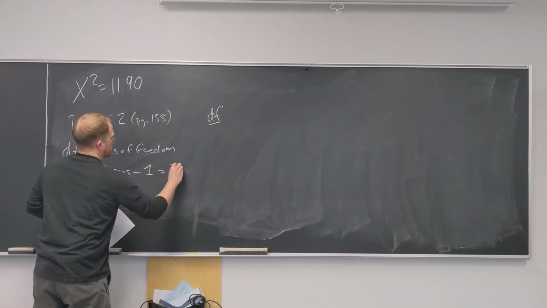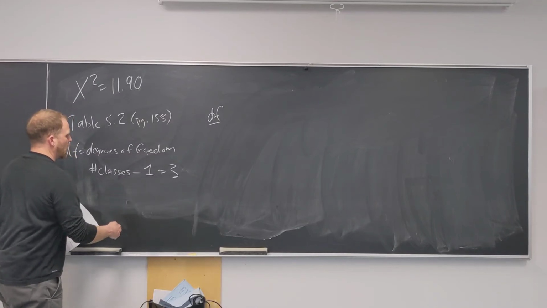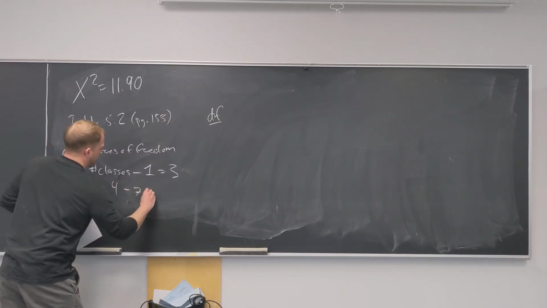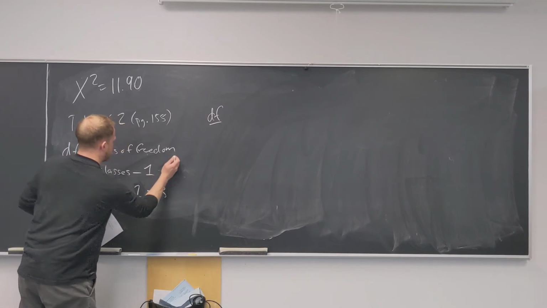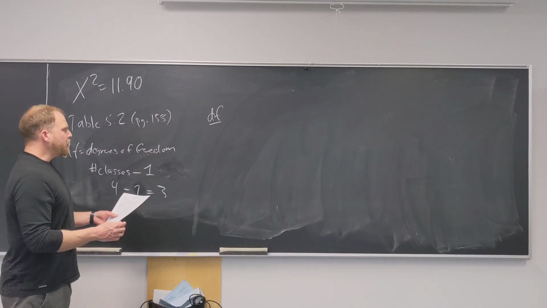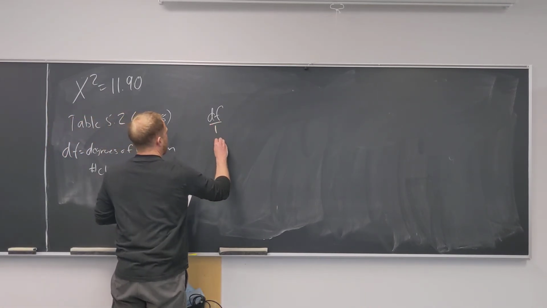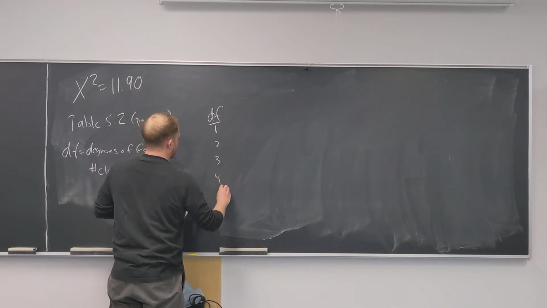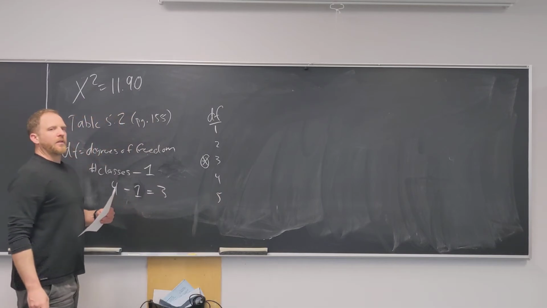In our case, we've got 4 different phenotype classes, so we're going to take 4 minus 1, which equals 3. The left-hand column goes from 1, 2, 3, 4, 5, but we're going to focus in on this row with 3.